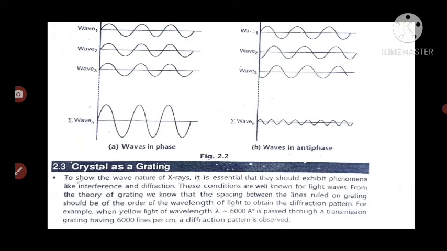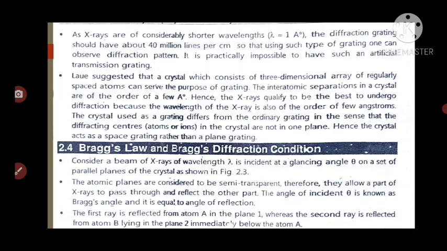For a wavelength of about 6000 angstrom units, the light is passed through a transmission grating having 6000 lines per centimeter, and the diffraction pattern is observed. X-rays have a shorter wavelength lambda, about 1 angstrom unit, so the diffracting grating should have 40 million lines per centimeter.